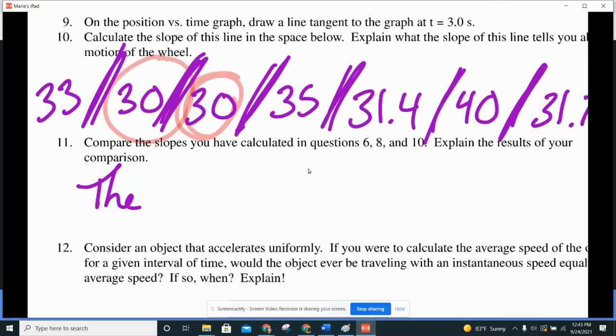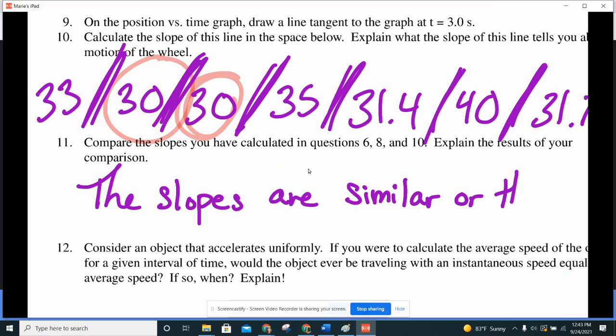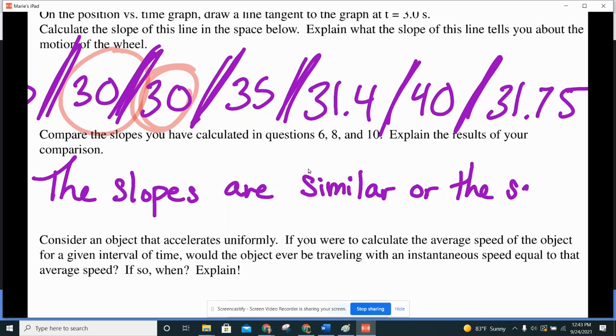So the slopes are similar or the same, depending on what you got. You're going to either tell me that they're very similar or close, or that they're exactly the same. It depends on what slope you got. Do not change your slope just because somebody else got 30. Does that make sense? Yes? Cool.